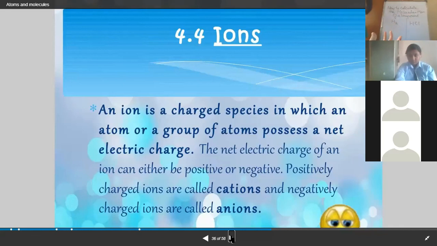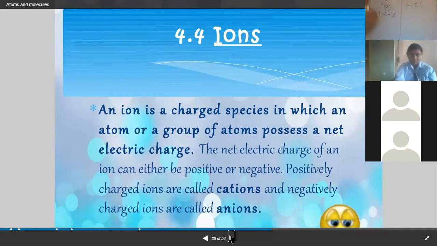How to calculate their molecular mass? We know the atomic mass of hydrogen is 1, but how many atoms are there? There are 2 atoms. So the molecular mass of H2 is 2.